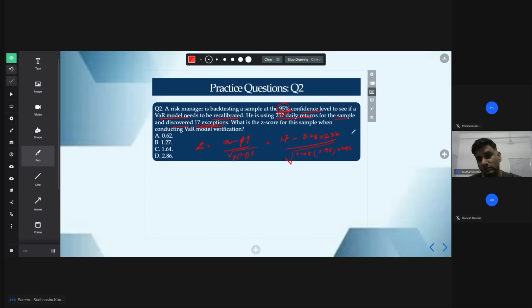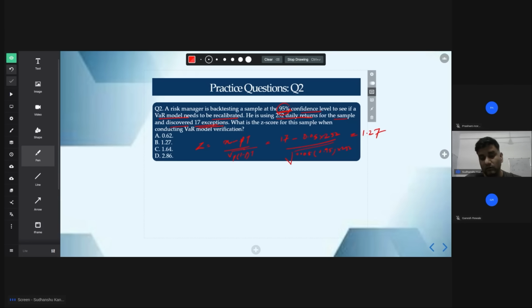equal to 1.27, right? 1.27 is the value, and ultimately what you understand here is that you compare this with the critical value. So the critical value is what? At 95% it is 1.96.